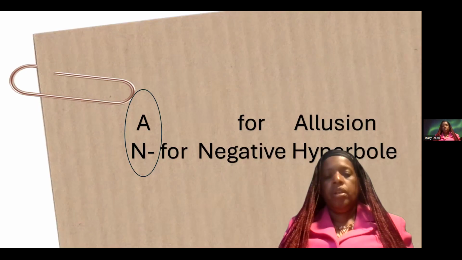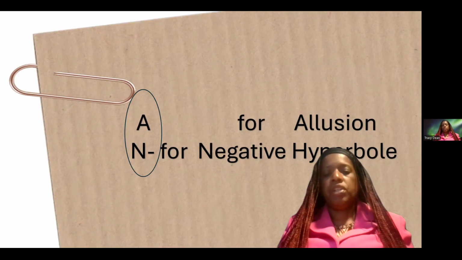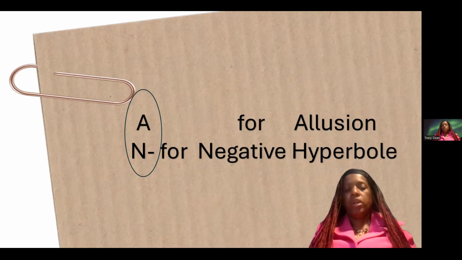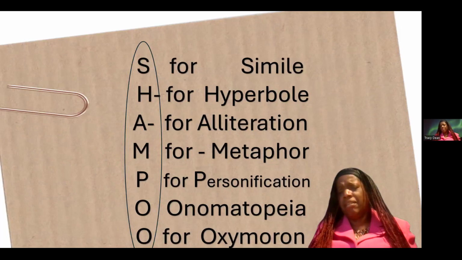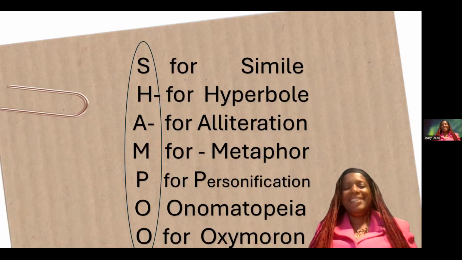Now, let's go over the definitions for each of these figurative language. So A is for allusion. N is for negative hyperbole. I is for irony. R is for repetition. I is for imagery. E is for extended metaphor. Oh, that's spelled an irie. Yeah, that's a new one.